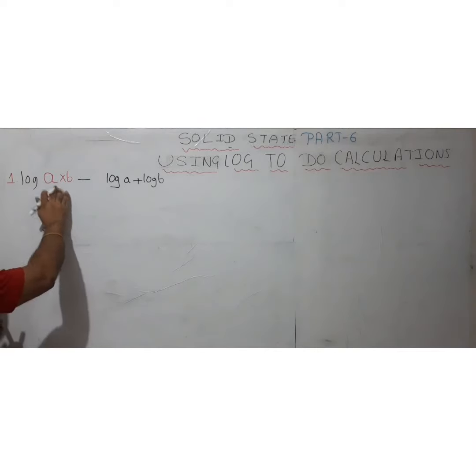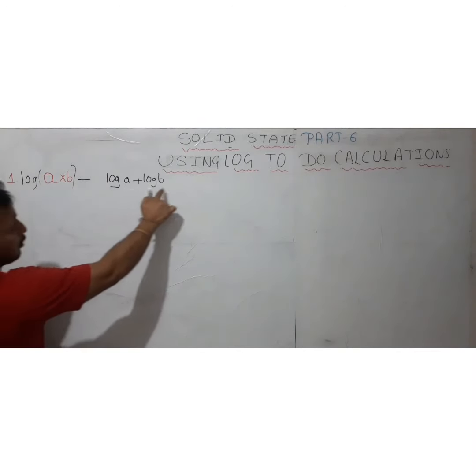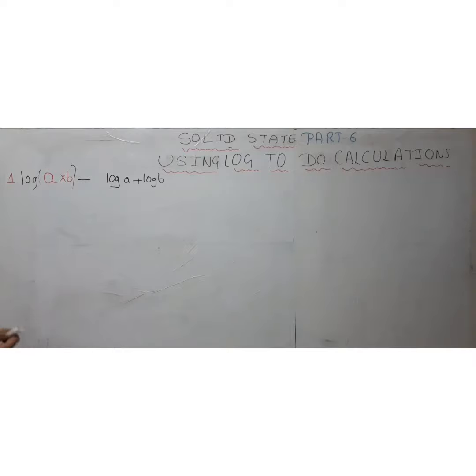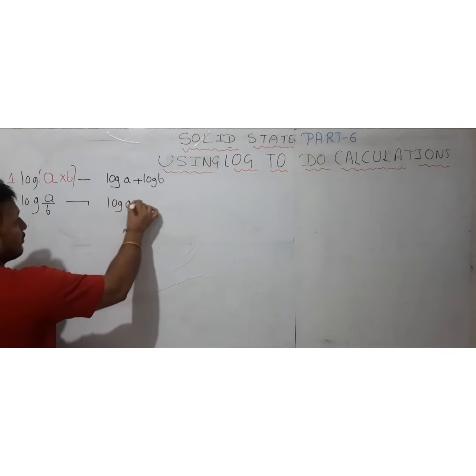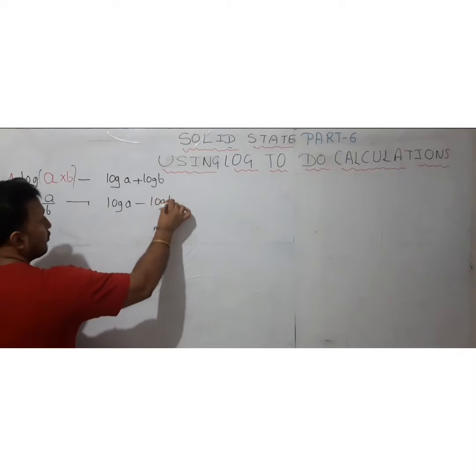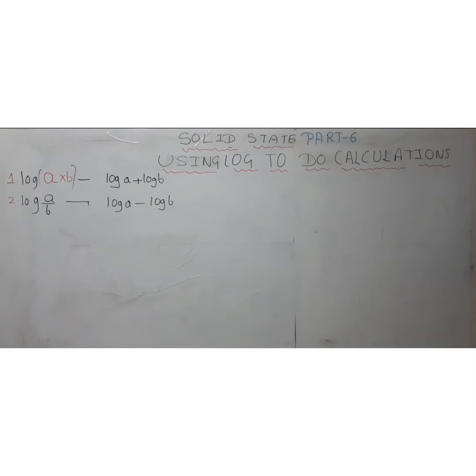If there is a multiple, you apply log on it, it will become log A plus log B. Okay, then the second identity is, suppose you have a calculation in a division like A divided by B, and we have to take its log, that is log A by B, then it will convert to log A minus log B. Okay, now the third thing is also there.